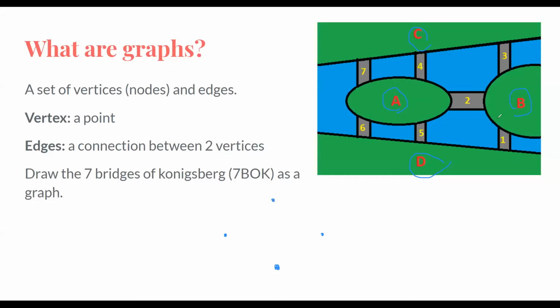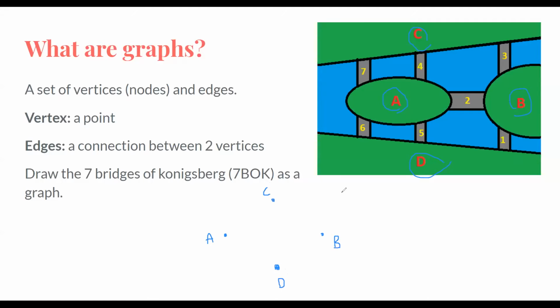Okay, awesome. All right, so now that we have our 4 vertices and that we've determined our number of edges is going to be 7, let's try drawing the relationships between these. So let's not all go all at once.